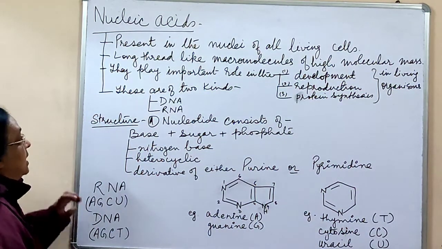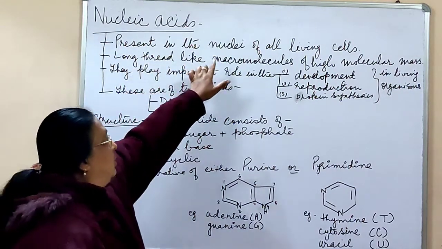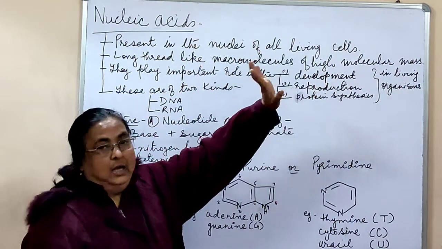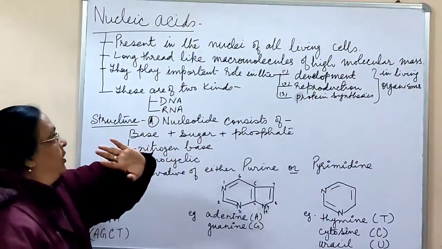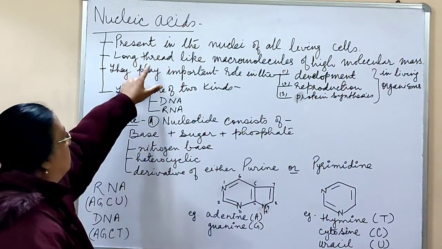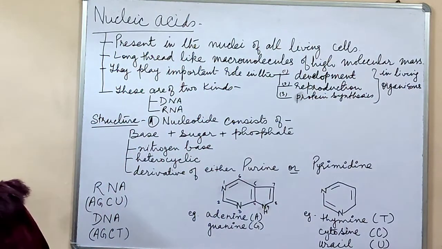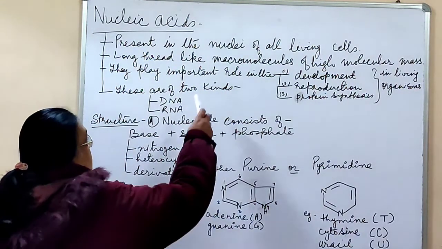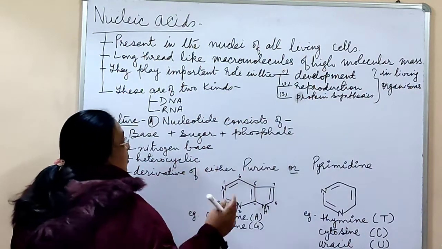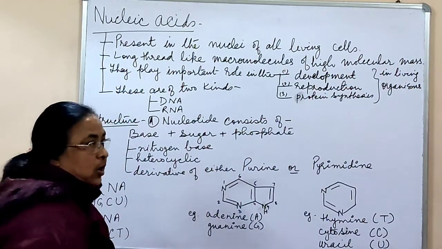So this nucleic acid is present in the nuclei of all living cells. You know this already. It is a long thread-like structure, which is a macromolecule, a big molecule of high molecular mass. So it is a polymer.